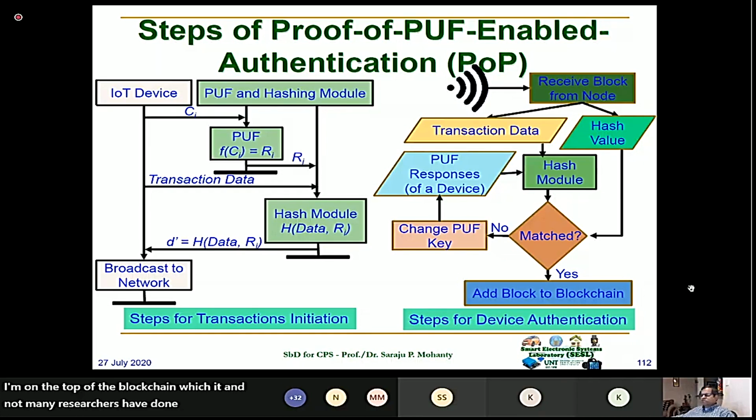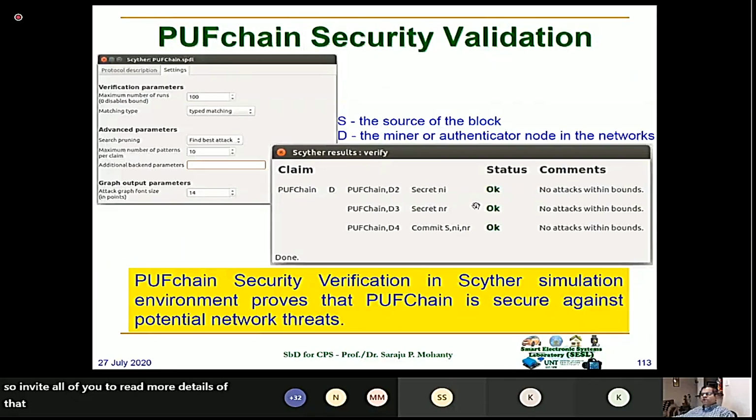So this is a significant result that we published as a magazine article for wider usage that came in the March 2020 issue, where there was a special issue on security and privacy by design. So I invite all of you to read more details of that. And we verified this security aspect using the Scyther tool, and this is perfect.